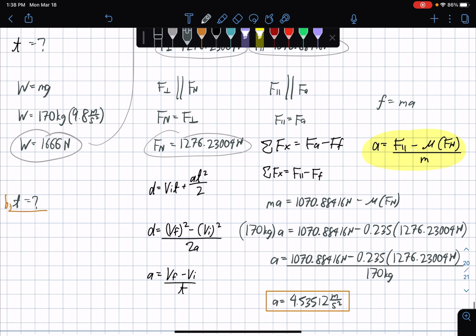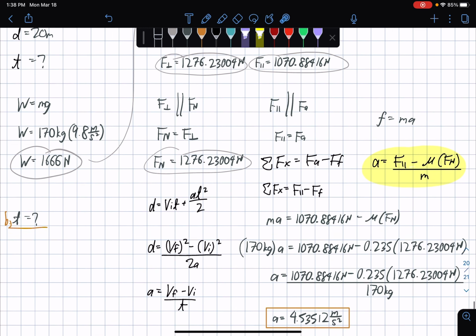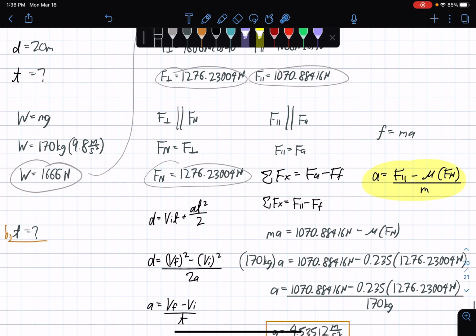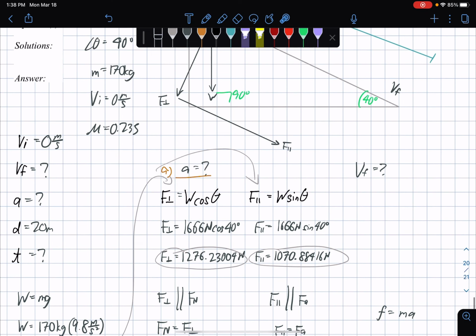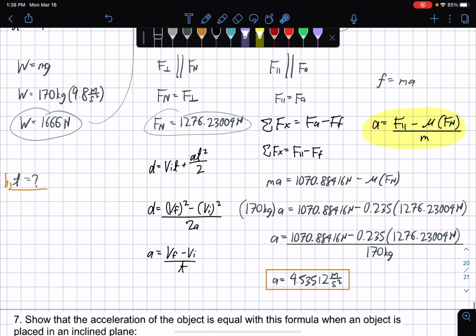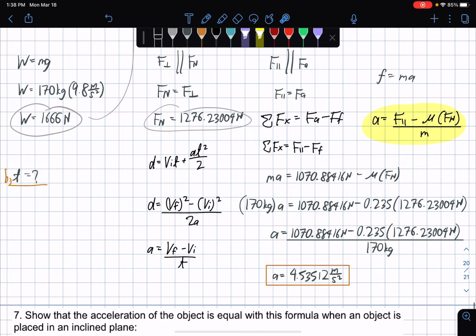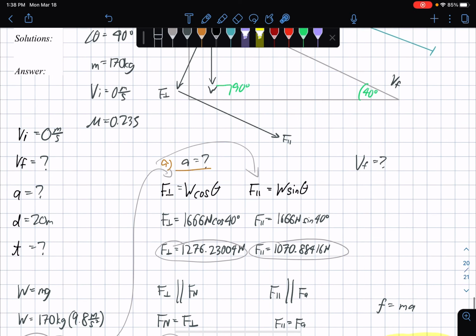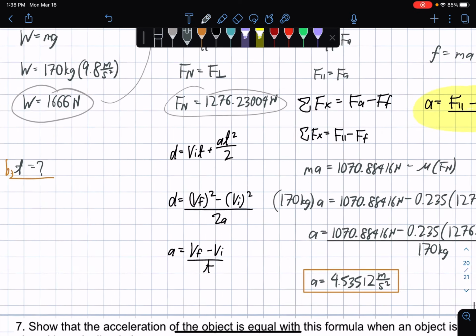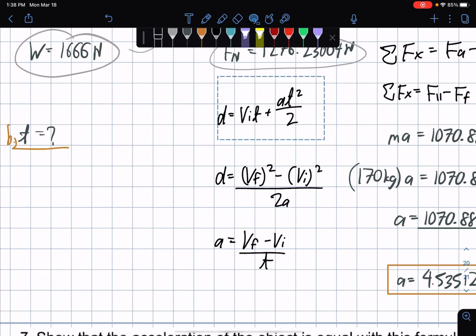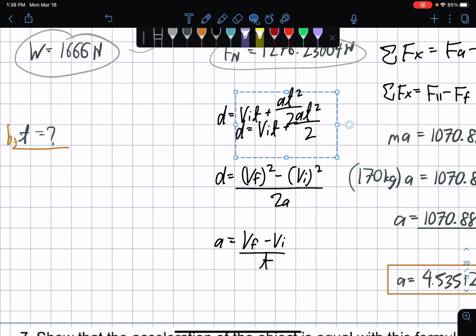We do have acceleration, so any of these could be utilized. We do have the Vi, or the initial velocity, which is always going to be 0 in our scenario. We also have the distance. Do we have the distance? Yes, 20 meters. So let's give this formula a try.